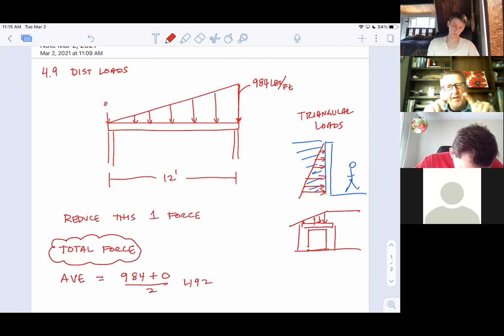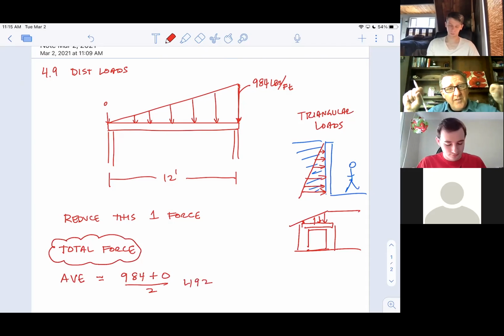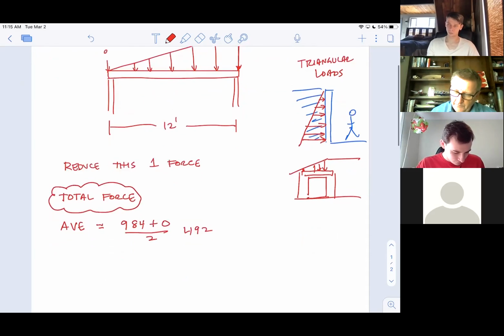Does it make sense if you kind of made this into a uniformly distributed load, not a triangular load, that all of the arrows would be 492? So as an average, that's 492 pounds per foot.